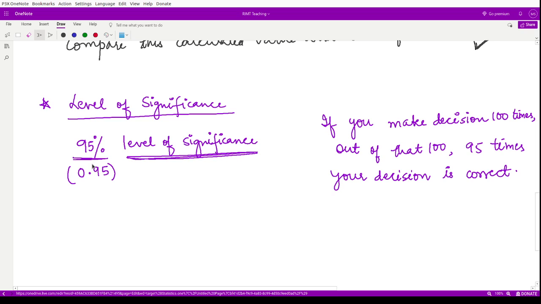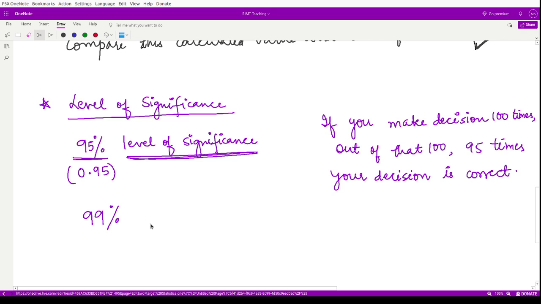So generally we use 95% level of significance, so that means we may make an error of 5% in making that decision. Sometimes we take 99% as the level of significance. In that case we say we are making a very small error of about 1%, right?